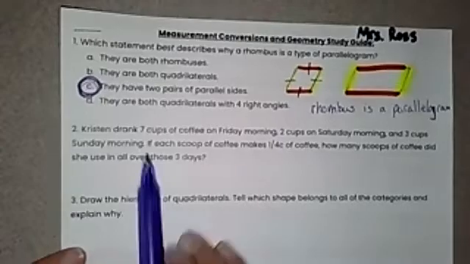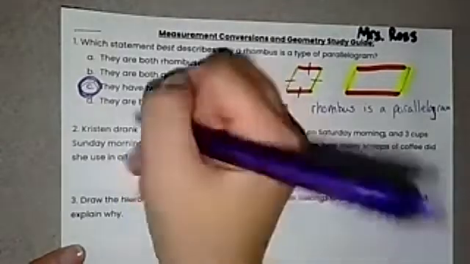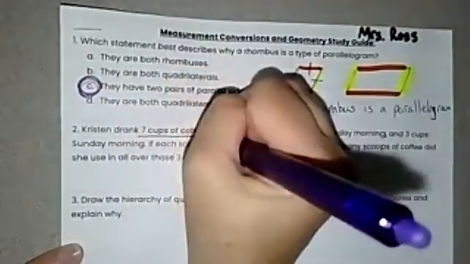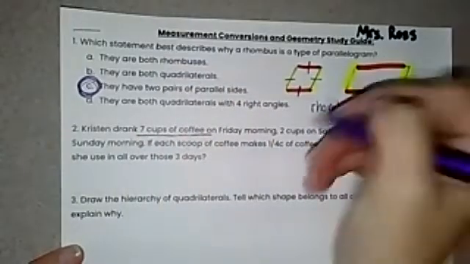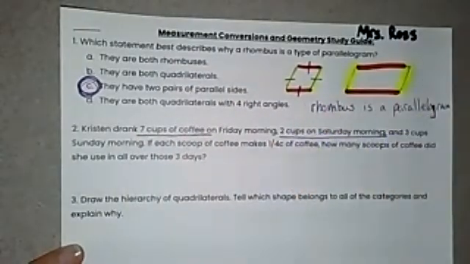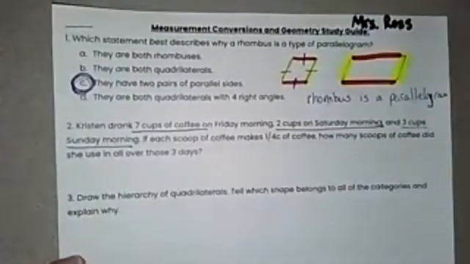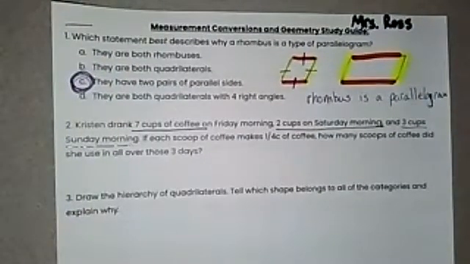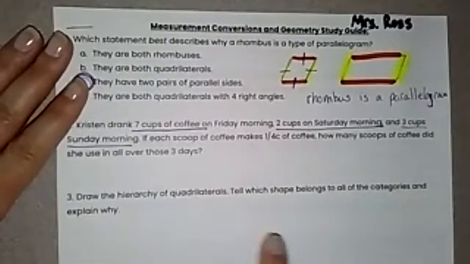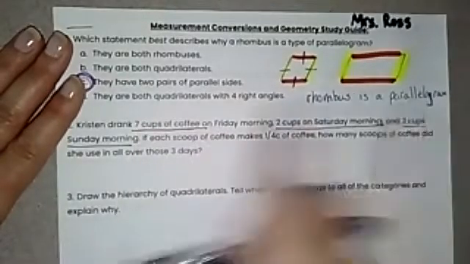Kristen drank 7 cups of coffee on Monday morning, 2 cups on Saturday and 3 cups on Sunday. This girl has really got a caffeine problem. If each scoop of coffee makes 1/4 a cup of coffee, how many scoops of coffee did she use over those 3 days? Okay, so what you got to do is add together your cups of coffee.